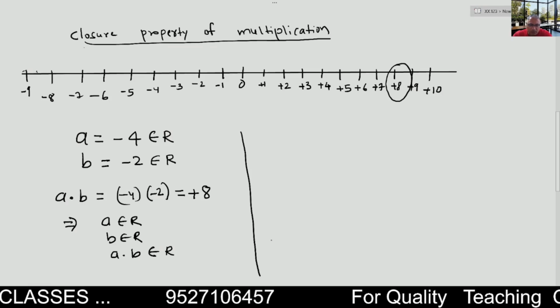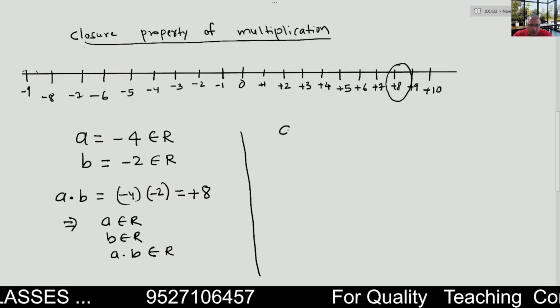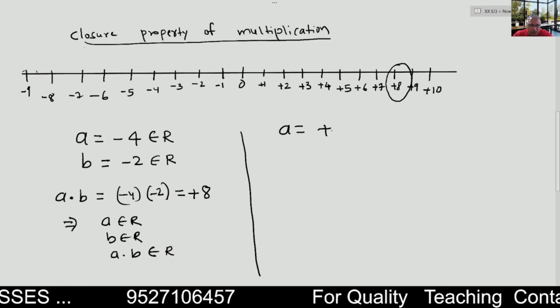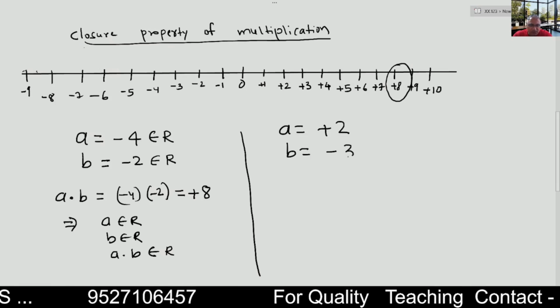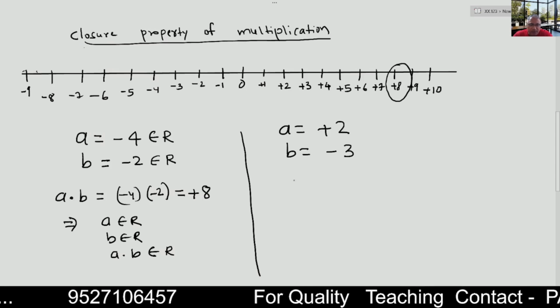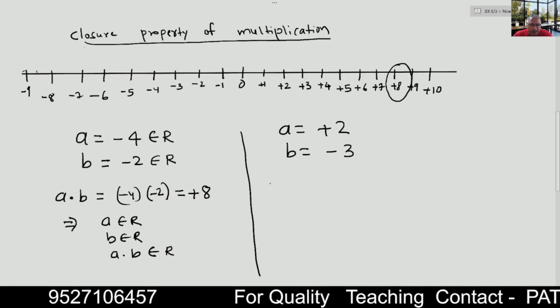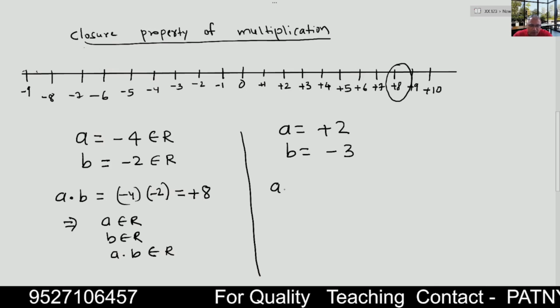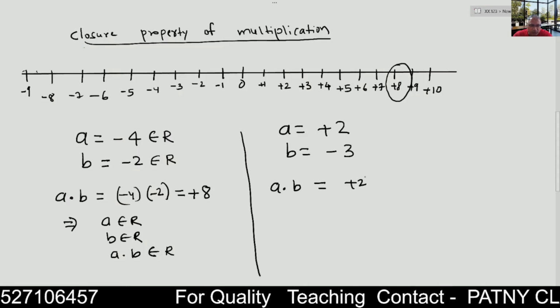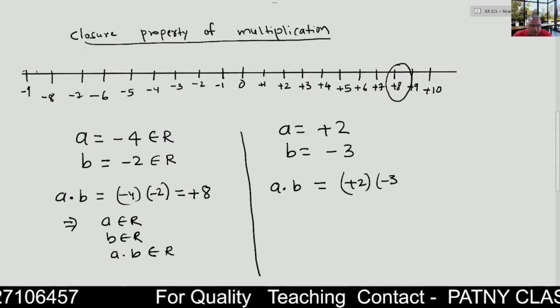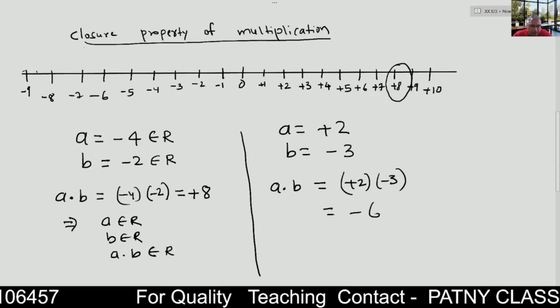Let us consider one more example. Suppose A equals plus 2 and B equals minus 3. Here I have selected one positive number, another is a negative number. Now I wish to find A dot B, that is plus 2 multiplied by minus 3 equals minus 6.